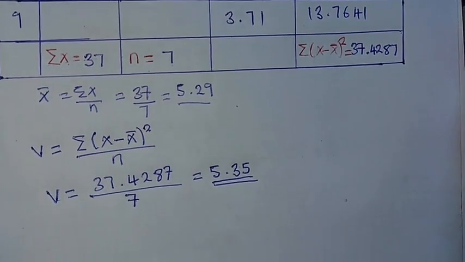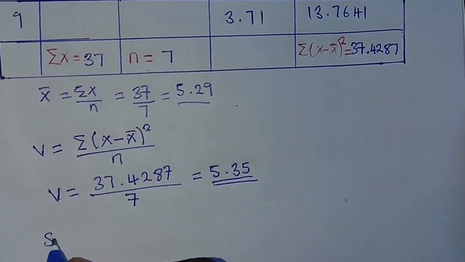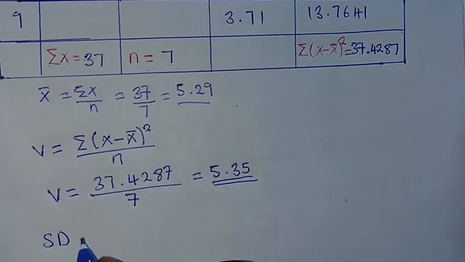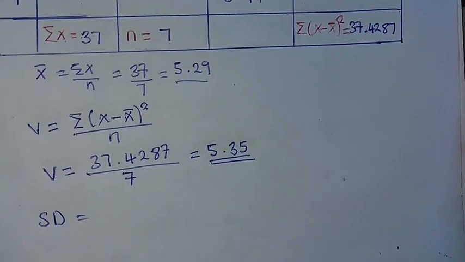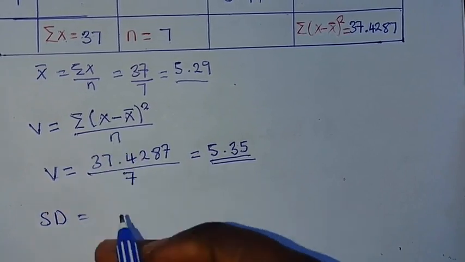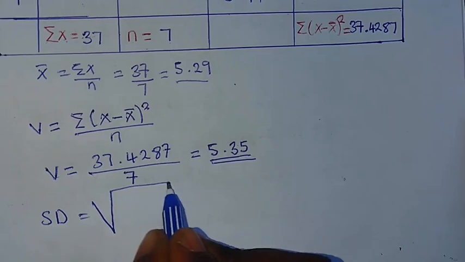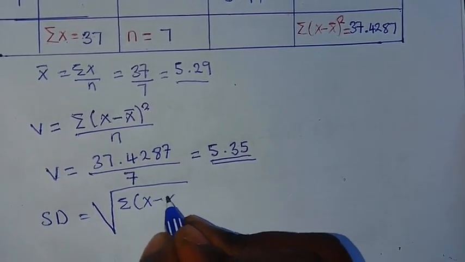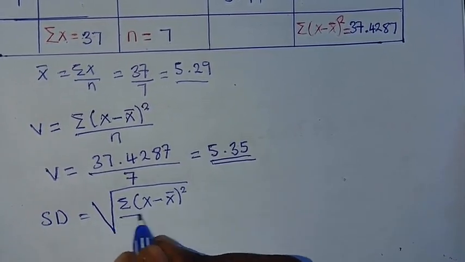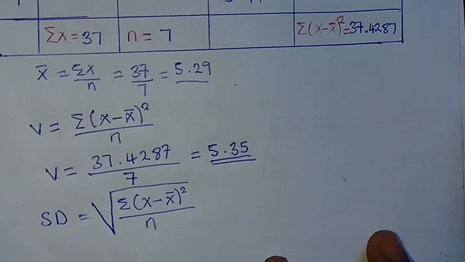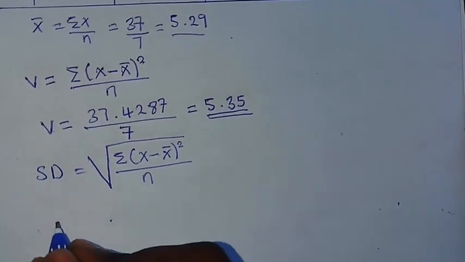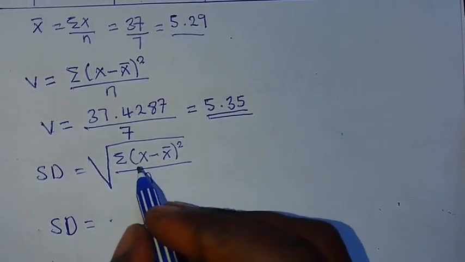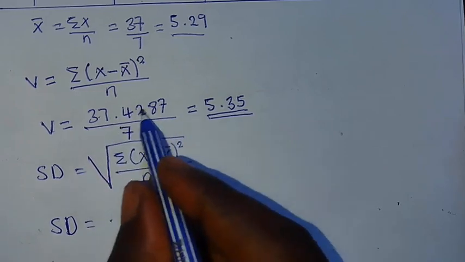So after finding your variance, you can now find your standard deviation. Our standard deviation, which is our SD, remember I said on this formula for variance, we are just going to put a square root. So you have the square root of summation of x minus mean squared over n. From here, just say SD equal to, so this summation we have is this value that we put on top.